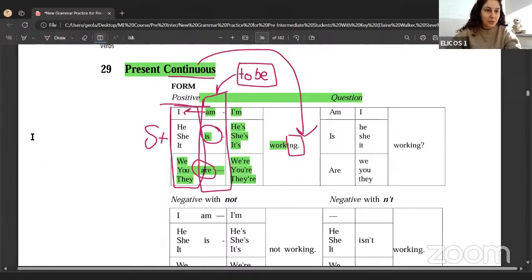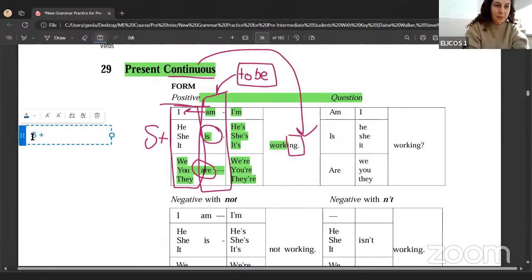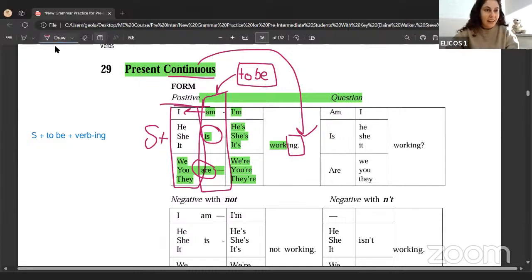So if I write this rule, it looks like this: subject plus to be, because to be, it depends if it's am, is, are. So you need to know which subject, who are you talking about first, and then the verb with the ing. So this is now how we make a present continuous sentence.